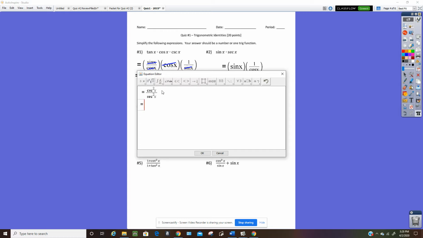And then cosecant squared is 1 over sine squared, and secant squared is 1 over cosine squared.